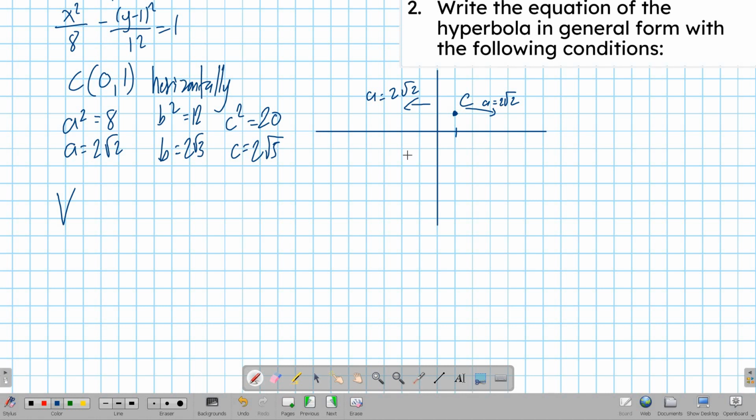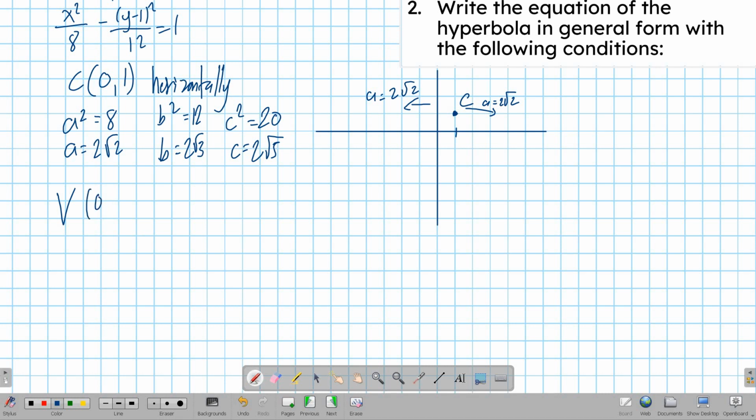And in doing so, that means you need to add and subtract 2 square root of 2 to the abscissa of the center, because it's still at 1. But what will change is the abscissa, the distance from the y-axis of the center to go to the vertex.